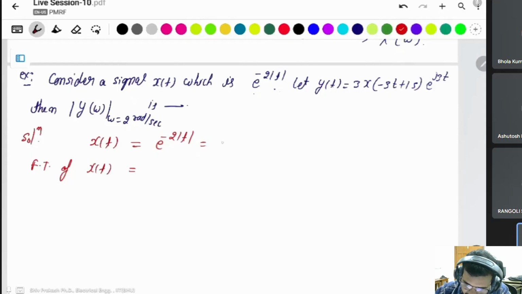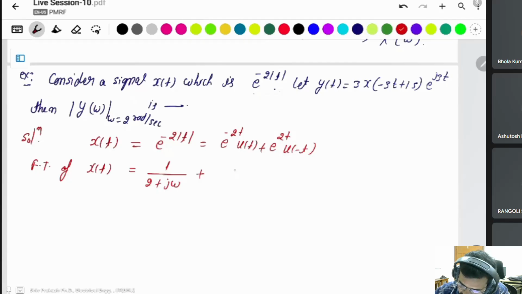You know about this one already; 2t ut is written as e to the power 2t u of minus t. This will be 1 by a plus j omega for e to the power minus at, where a here is 2. Then this will be 1 by 2 plus j omega, plus for this one 1 by 2 minus j omega.